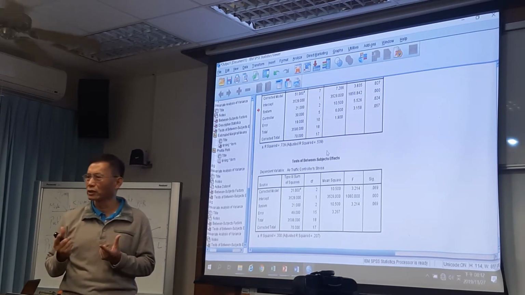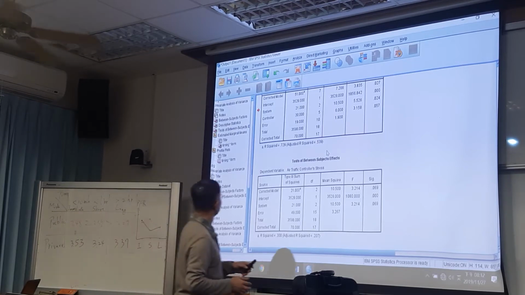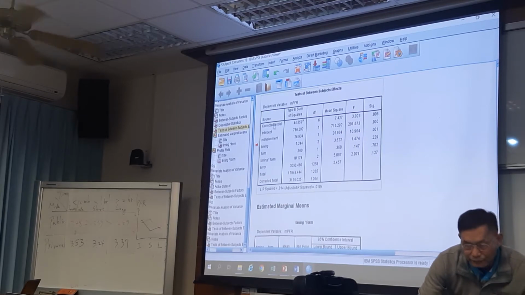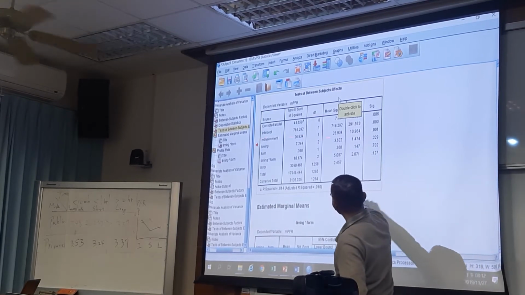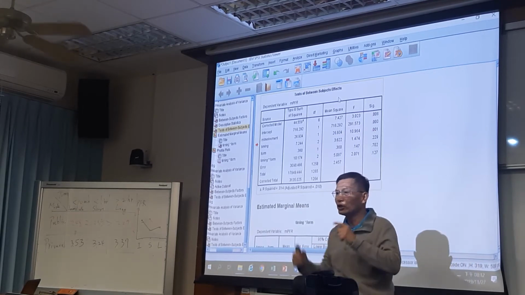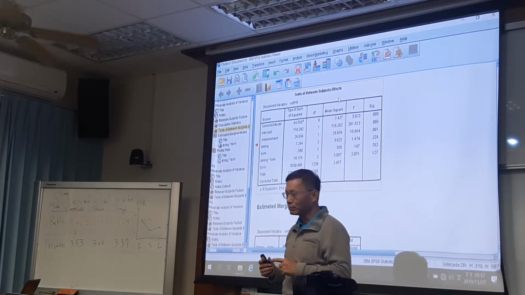So covariate is just like block. So you need to leave the covariate, like involvement in my case. Here, this is the covariate like a block. So when you conduct your experiment, you got to think about some variable.